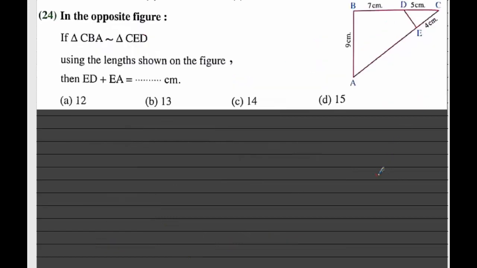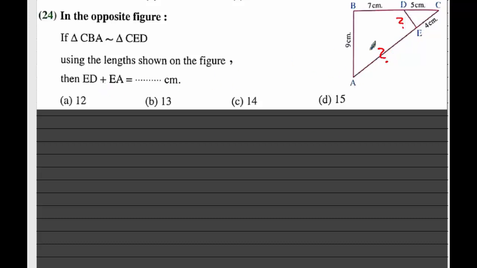Next question, question 24. We have two triangles in the figure. Triangle CBA is similar to triangle CED. Using the lengths shown on the figure, then ED plus EA equals how many centimeters? EA, where is EA? EA here, EA plus ED.